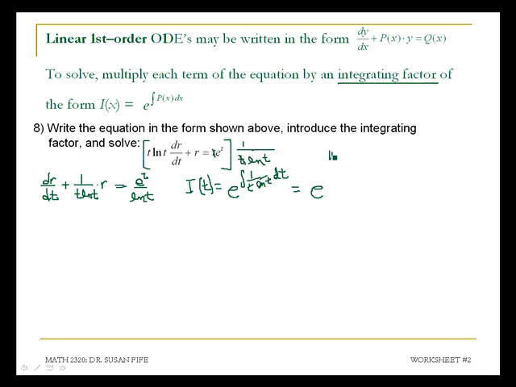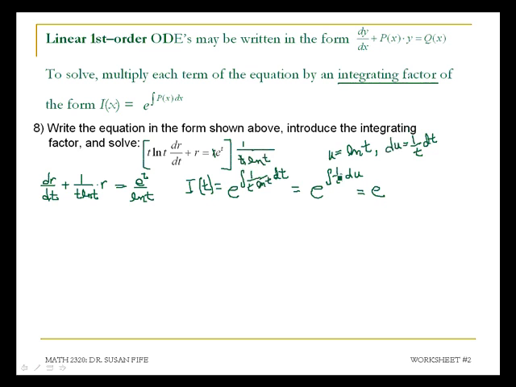If u is equal to natural log of t, then du would be 1 over t dt. Notice that I have the 1 over t dt. That'll put my log of t in my denominator. It's going to give me 1 over u. So it's going to give me e raised to the power of the integral of 1 over u du.